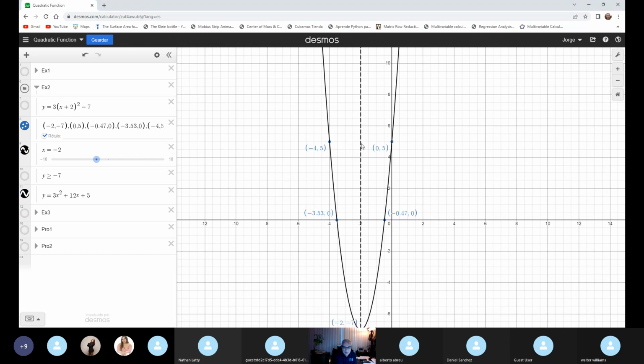Symmetry with this: see, this point is 0, 5, and the axis of symmetry is located at -2. The distance between the axis of symmetry and this point is 2, and 2 in the opposite direction is -4, with the same y value of 5. Do you follow me? Yes or no? Yes.